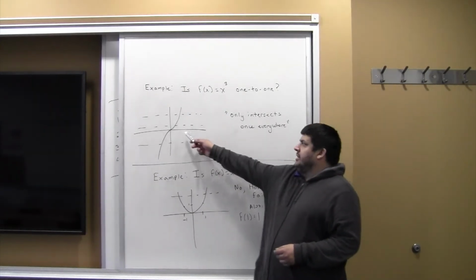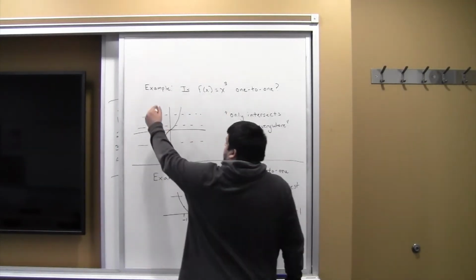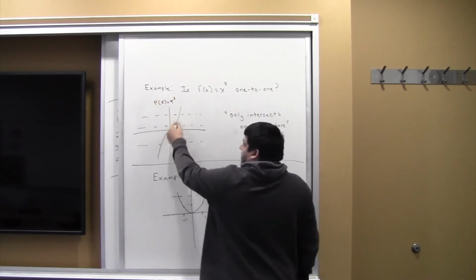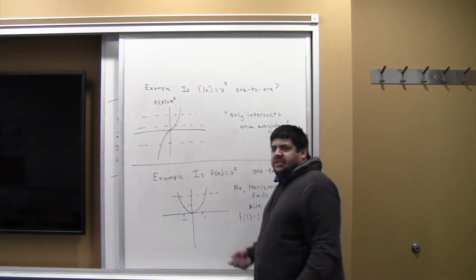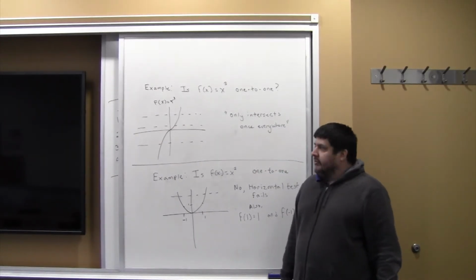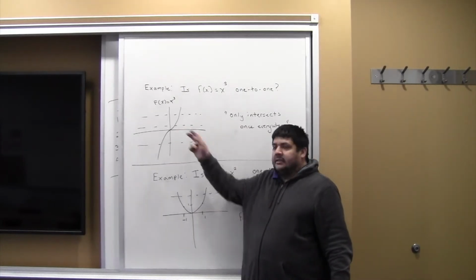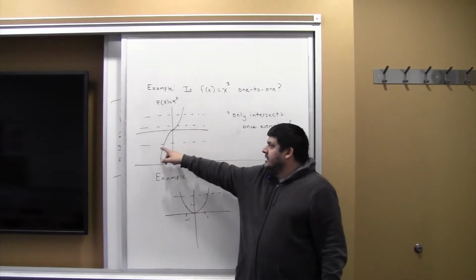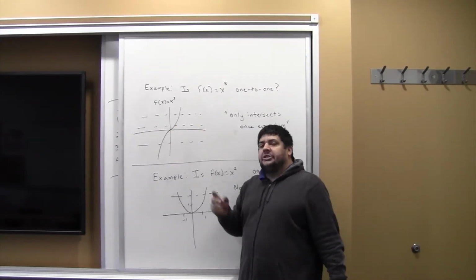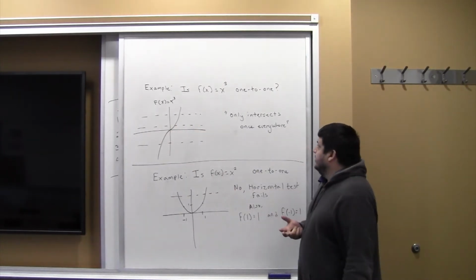I've drawn a graph here of f of x equals x cubed. This is the graph of it right here. It's just a sketch, not a perfect scale, but it looks like this. And these dotted lines I've drawn here represent the horizontal lines that I'm drawing through to check using the horizontal line test.